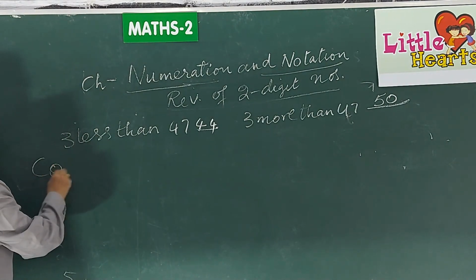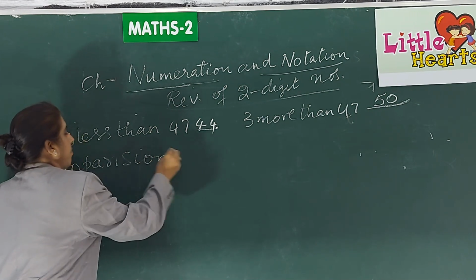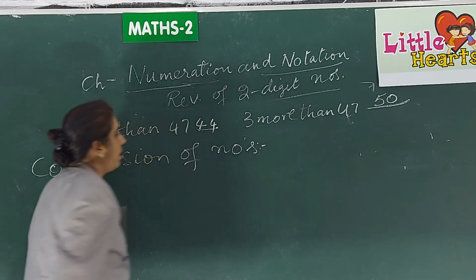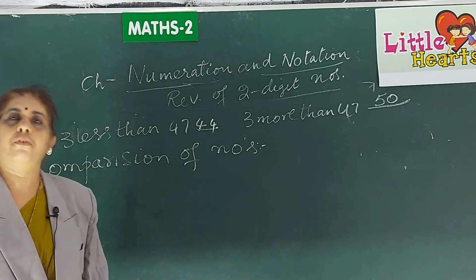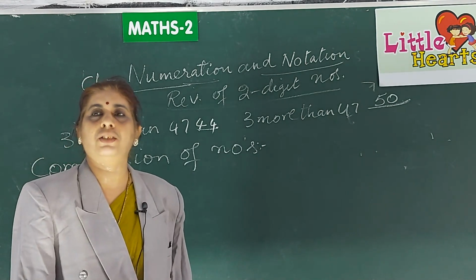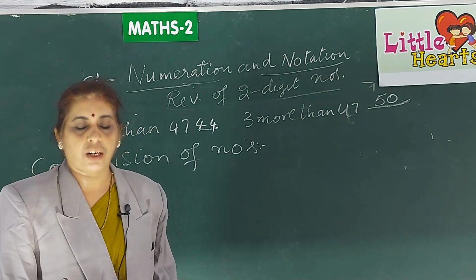Now, comparison of numbers. Children, you always compare with your friends or your siblings about the number of chocolates or biscuits you have. Who has more chocolates or who has less chocolates.